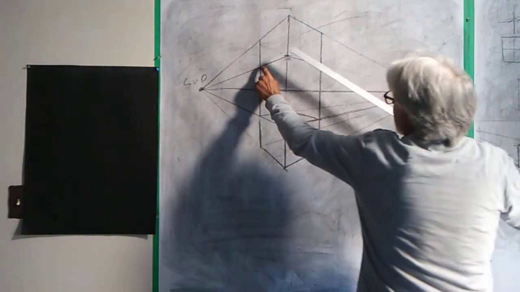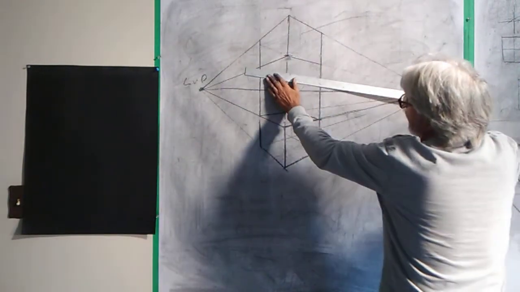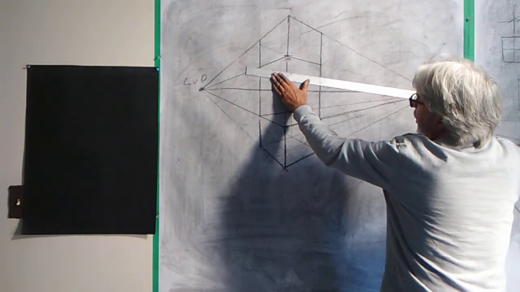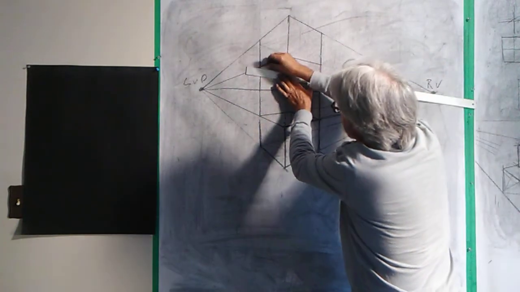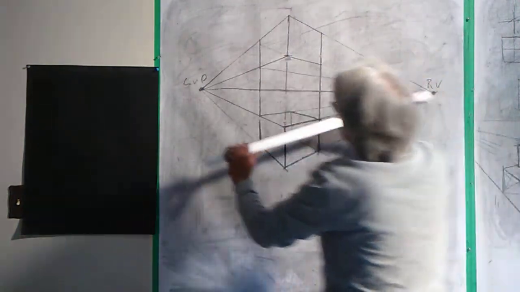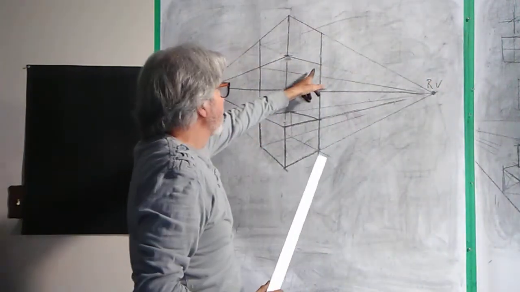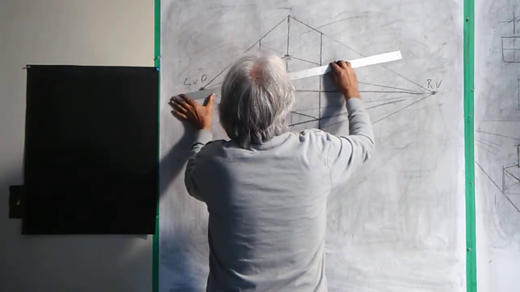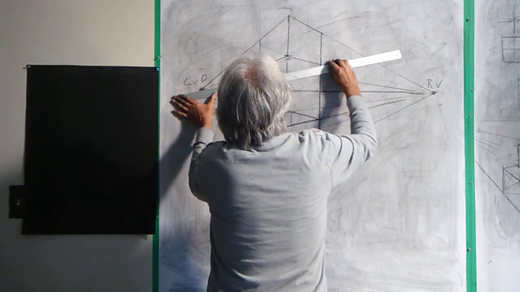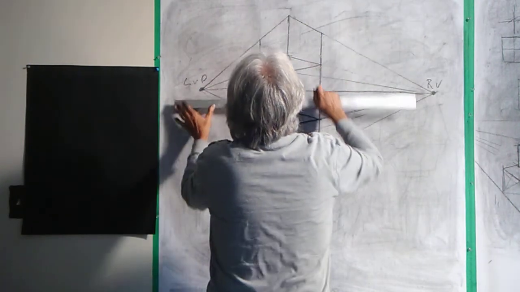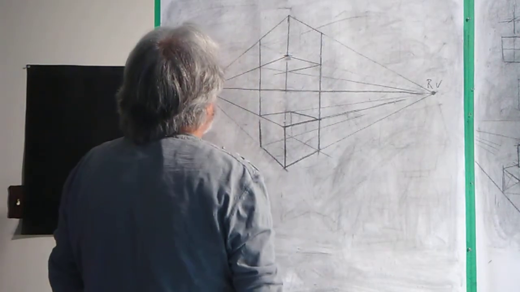Now we got to take this corner and bring it over to our right vanishing point. Okay, and of course we take this corner and bring it over to our left vanishing point. Okay.